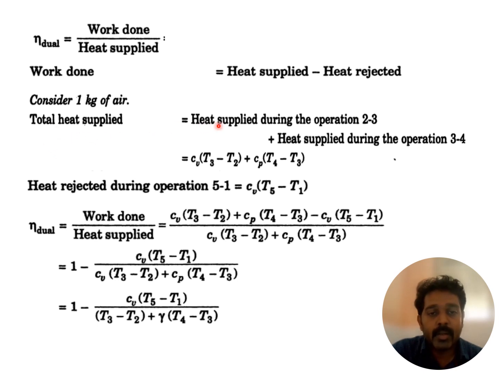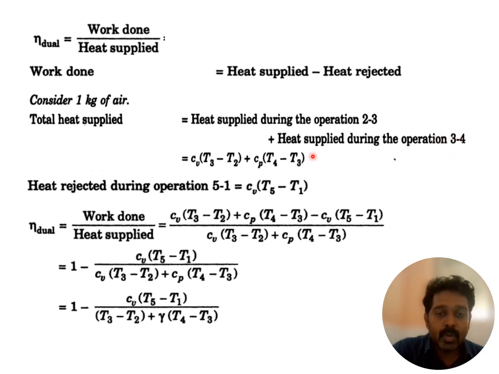Total heat supplied equals the heat supplied during the operation 2 to 3, that is the heat addition at constant volume, plus the heat supplied during the process 3 to 4, which is heat addition at constant pressure. So this is heat addition at constant volume and this is heat addition at constant pressure.